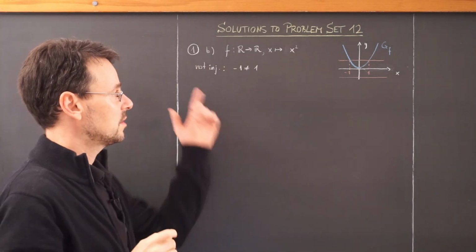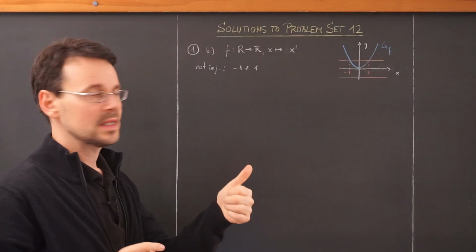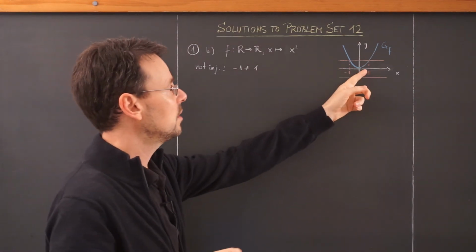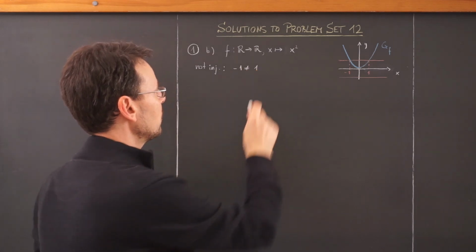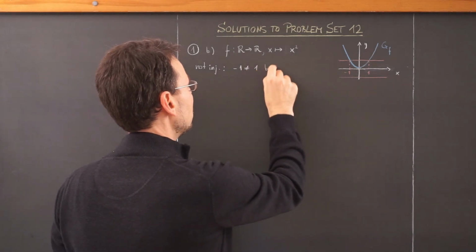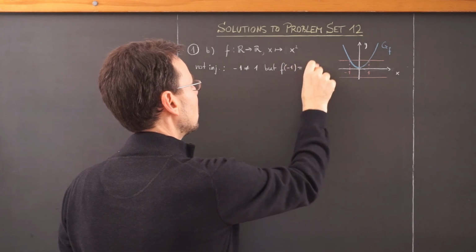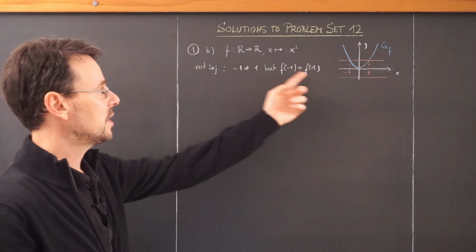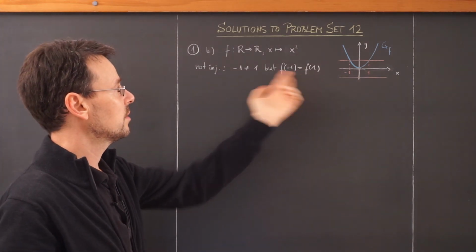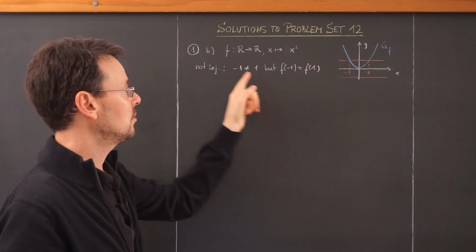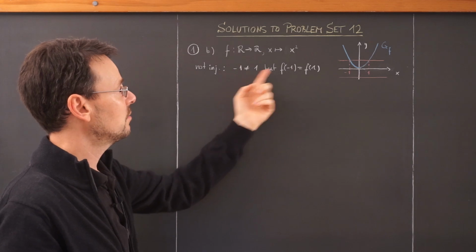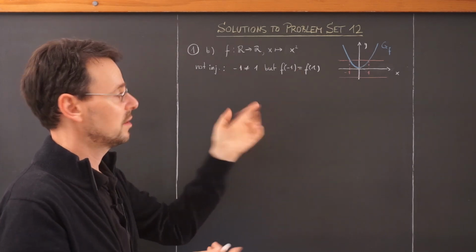So to show that it is not injective, one counterexample is enough. You can see it here. -1 is not the same as 1, but -1 squared is the same as 1 squared. So this contradicts injectivity, because if it were injective, then those would have to be different.